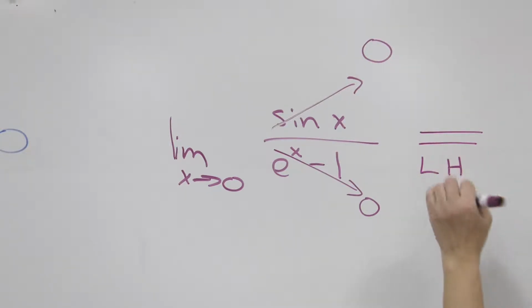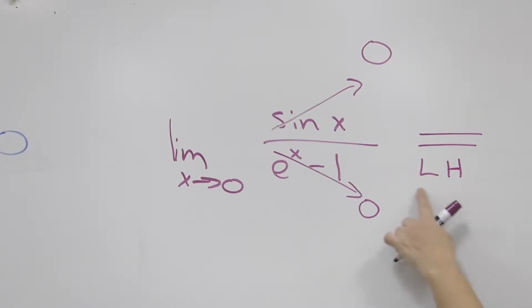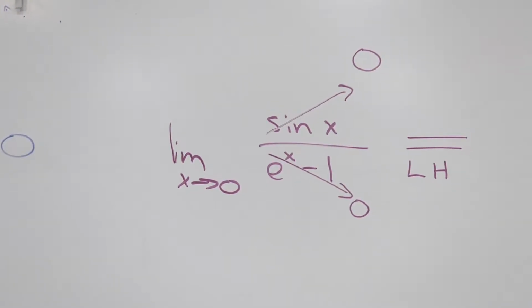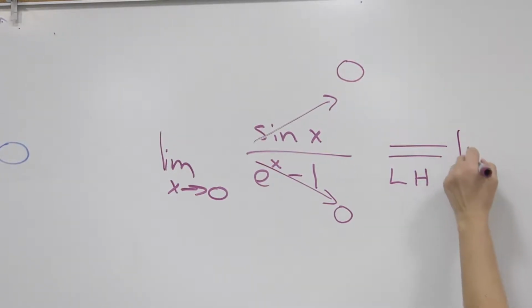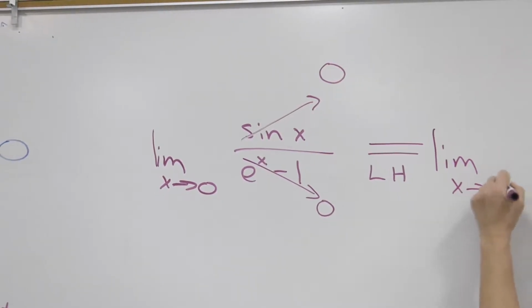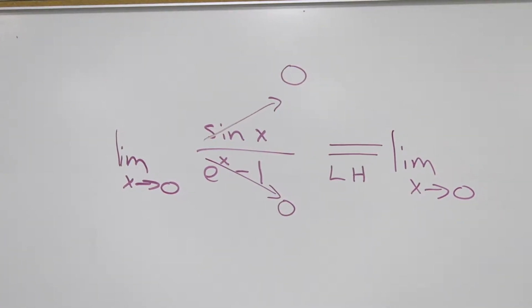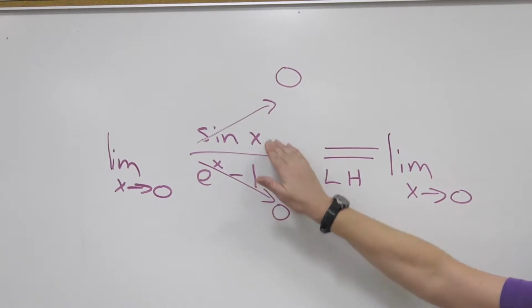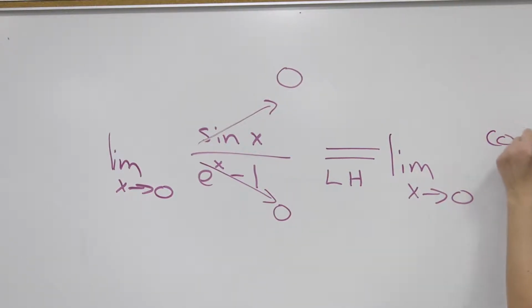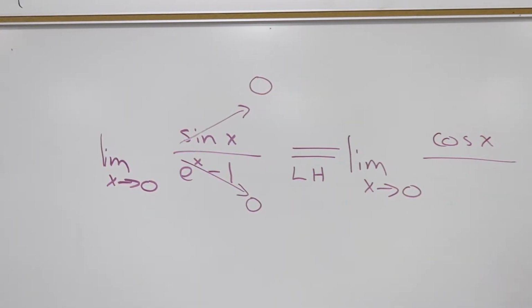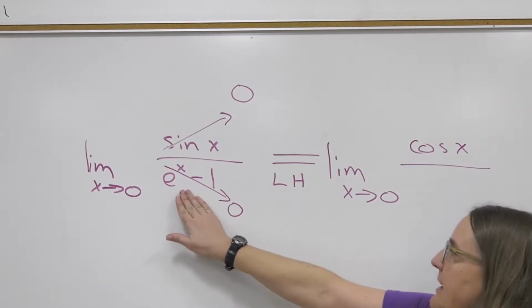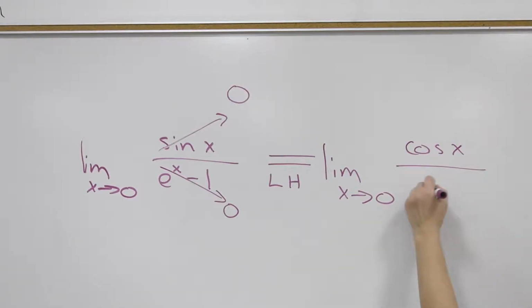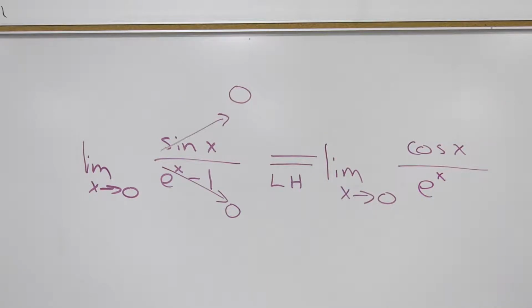So usually when I'm using L'Hopital's, I'll indicate that with a little LH here to say I'm applying L'Hopital's rule, and I'll say this is the same as the limit as x approaches 0. If I take the derivative of sine x, I get cosine of x. If I take the derivative of e to the x minus 1, I just get e to the x.